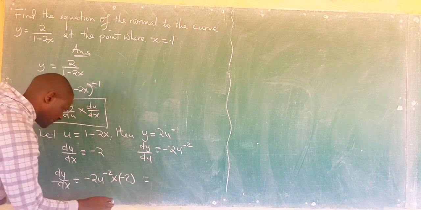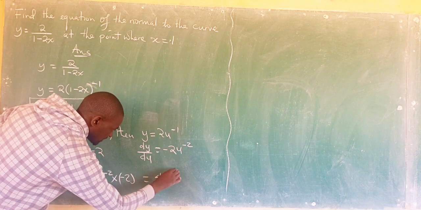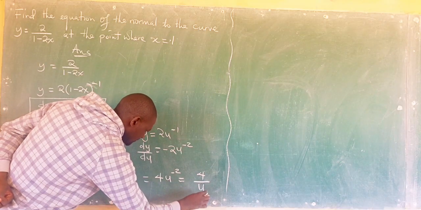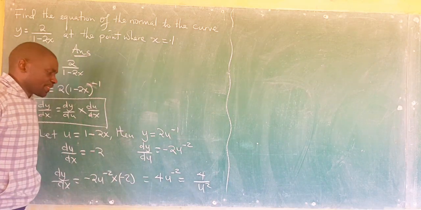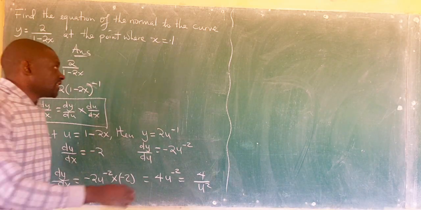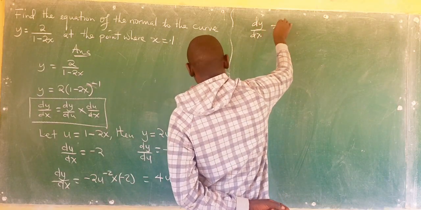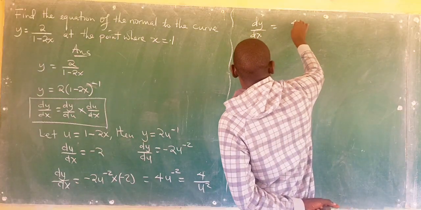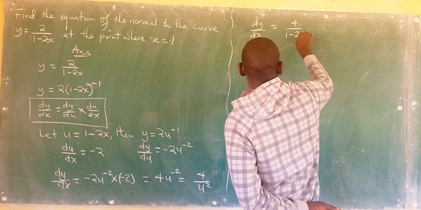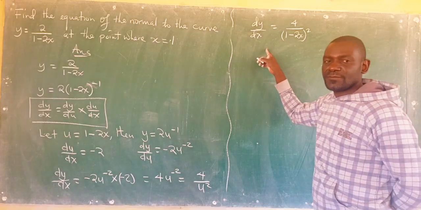It gives us positive 4u to the power negative 2, which can still be written as 4 over u squared. Now, we bring back our u, which is 1 minus 2x. So dy/dx is simply equal to 4 over (1 minus 2x) squared, like that. So this one is the gradient function.